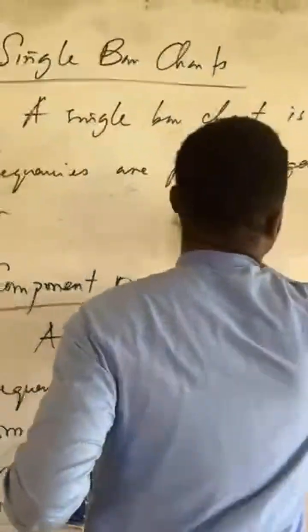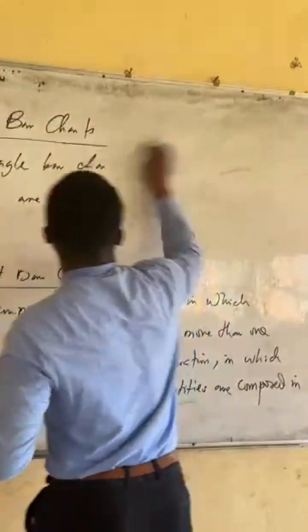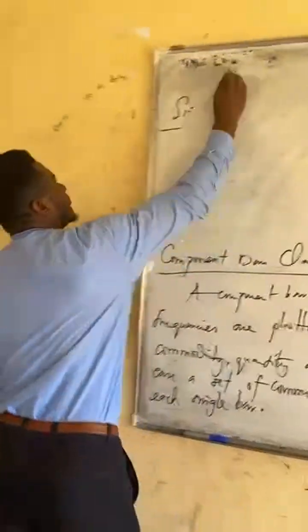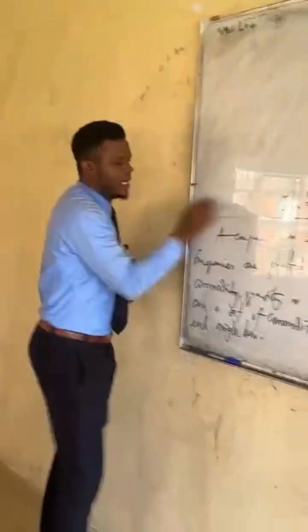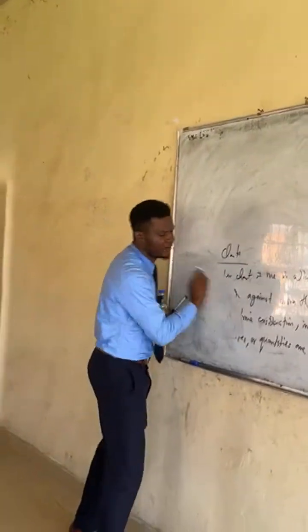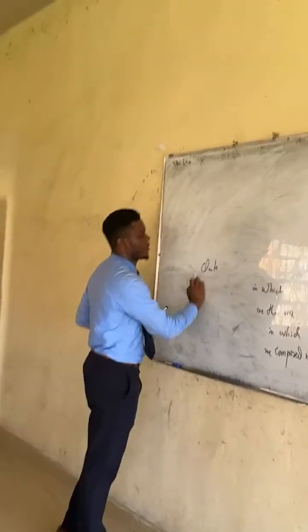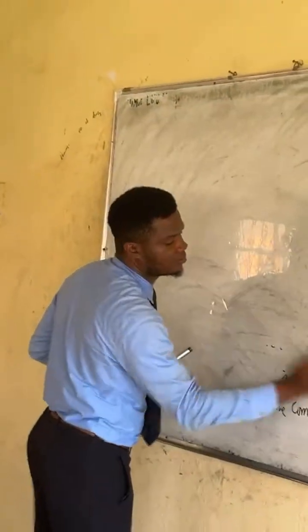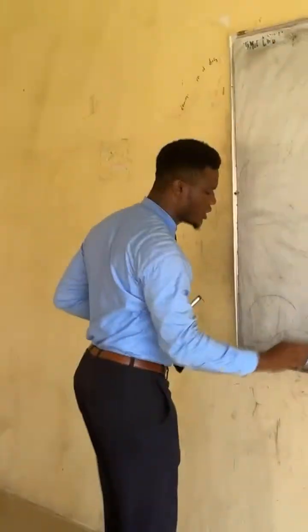So let's wipe this off. I would want us to move very fast so that we go into measures of central tendency. I want us to move very, very fast. Not today, I'm just saying, I'm talking about moving away from this topic so that we don't waste time.